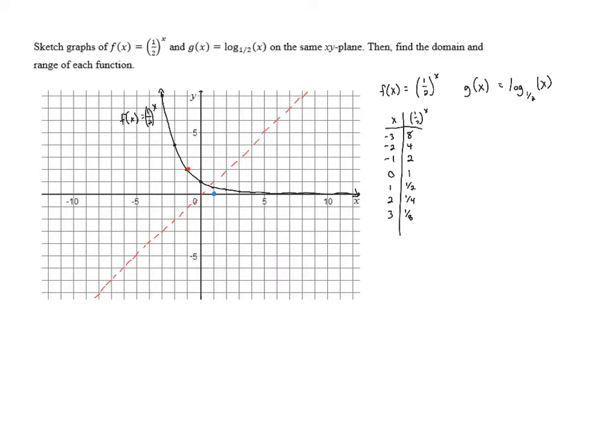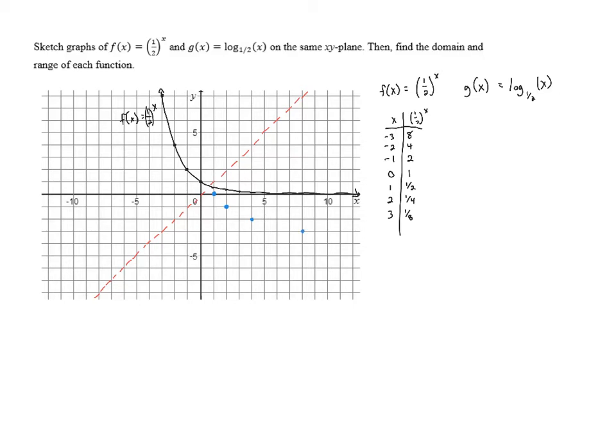Instead of -1, 2, we're going to have 2, -1 down here. Instead of -2, 4, we're going to have 4, -2. Instead of -3, 8, we're going to have 8, -3.